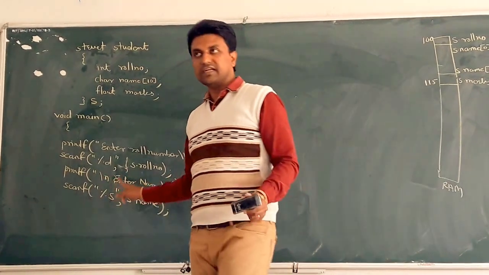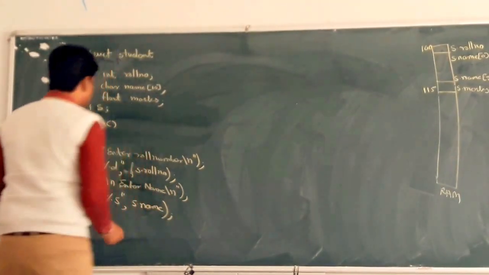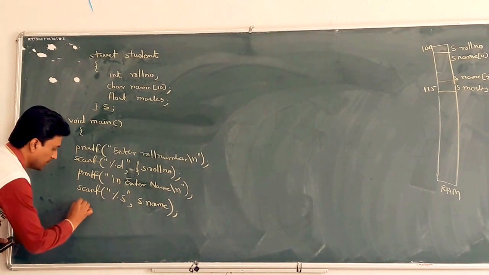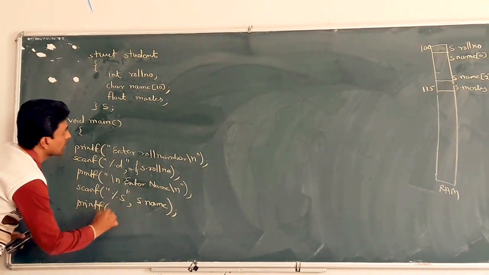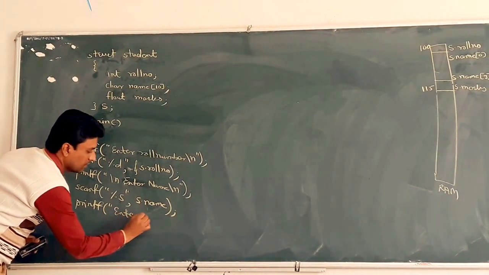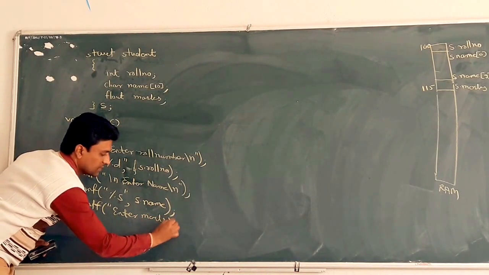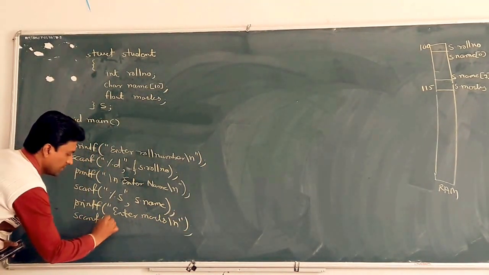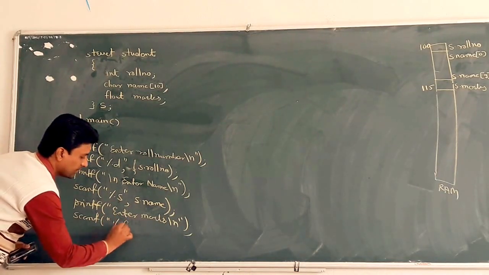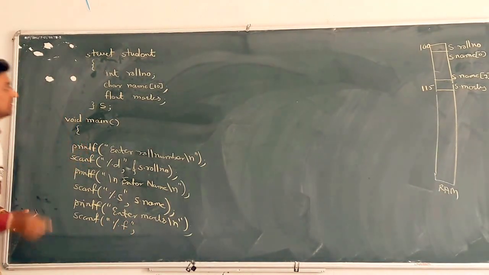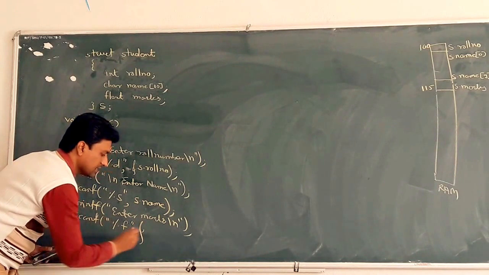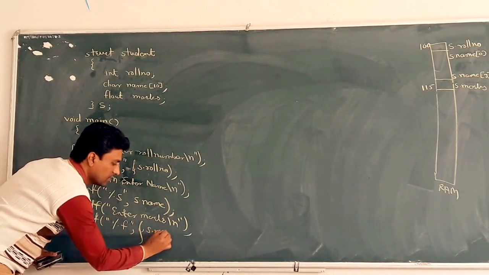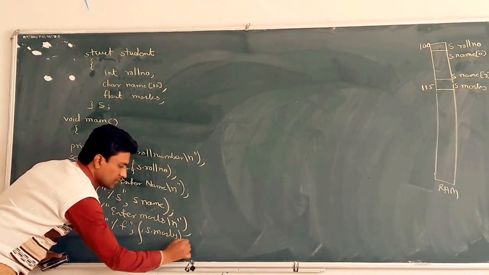Clear? After that, printf enter marks, slash n, double quotes complete, then scanf percentage f, double quotes complete. Now use ampersand S dot marks.